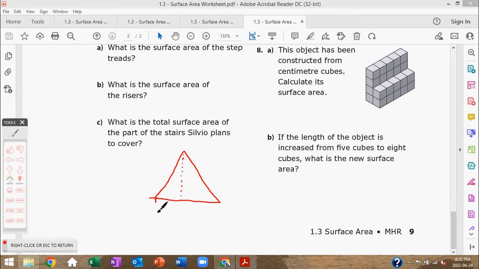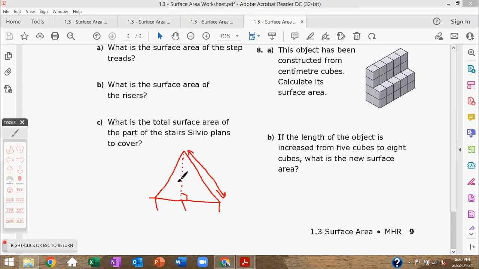We also know that the entire distance across here is 230.6. Now I need to know what this slant height is. If this whole distance is 230.6, half of that distance is going to be 230.6 divided by 2. This is a right angle triangle.